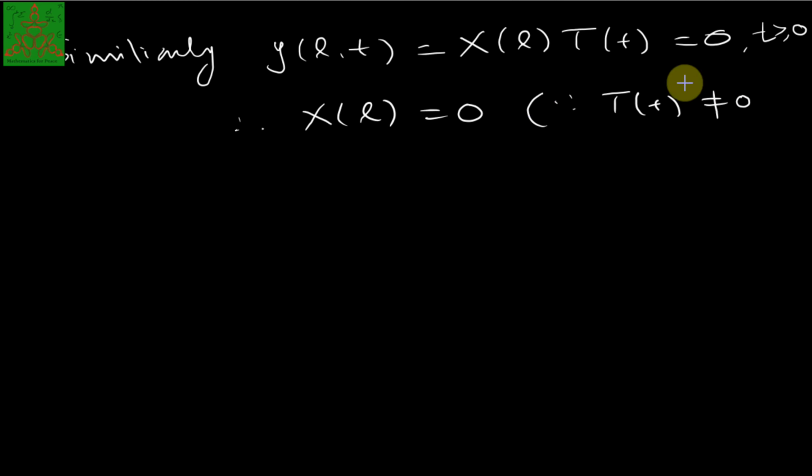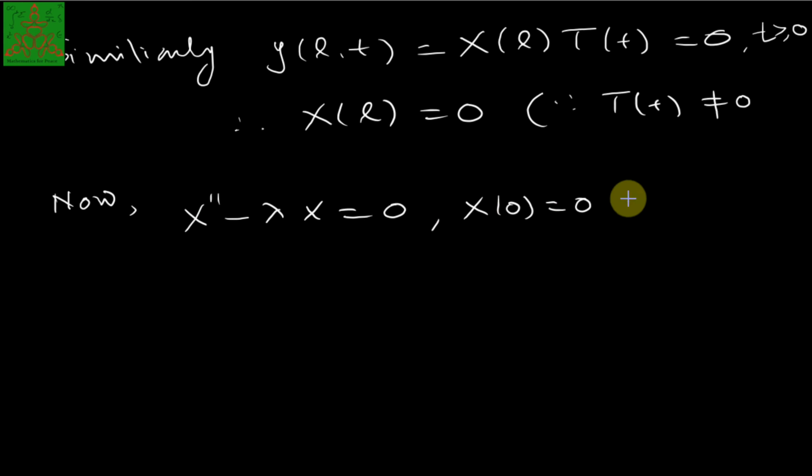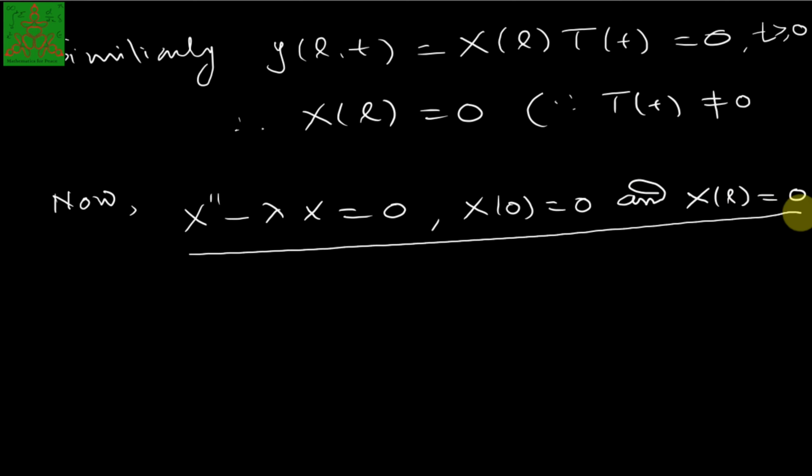Now we start solving x double dash minus lambda x is equal to 0 with the two conditions, that is x of 0 is 0 and x of l is 0.